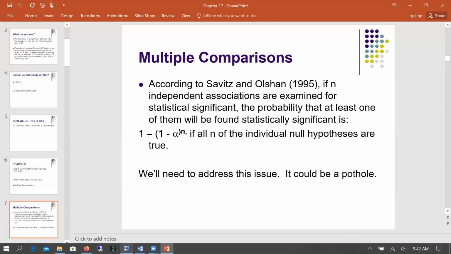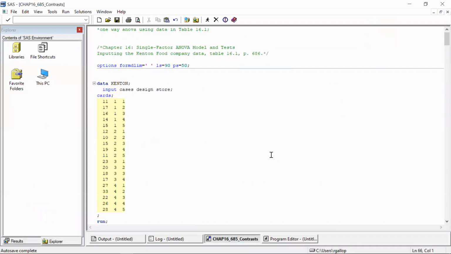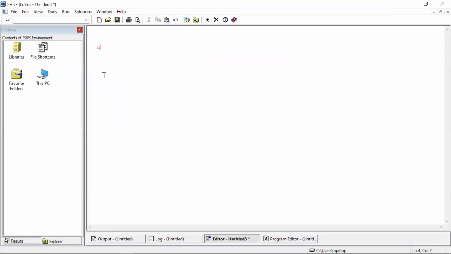Let me jump you guys to SAS real quick. Let's make a real quick data set, n equal 1 to 25. Just basic, call this type 1, which is 1 minus, set the alpha level to 0.05.